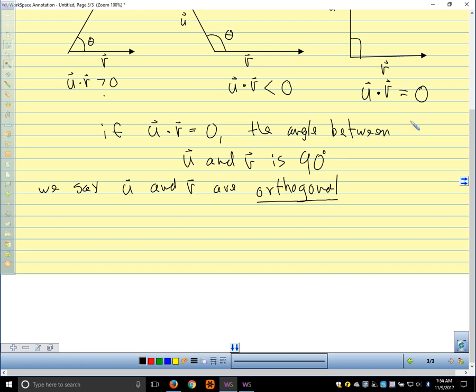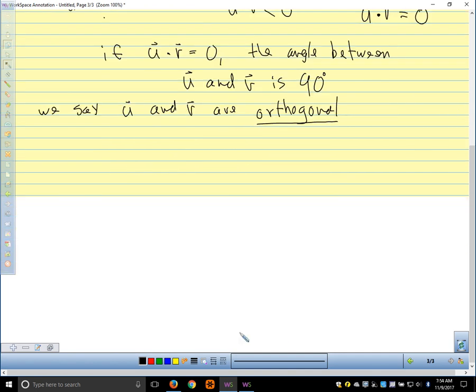Over the course of the end of this semester and next semester, we'll use 3 different words to mean 90-degree angle.